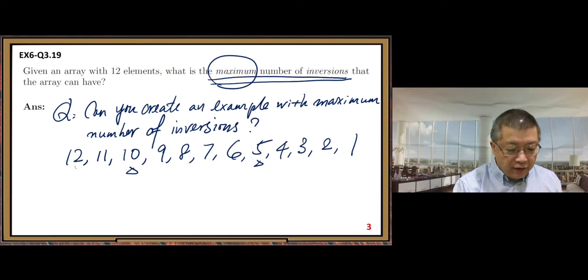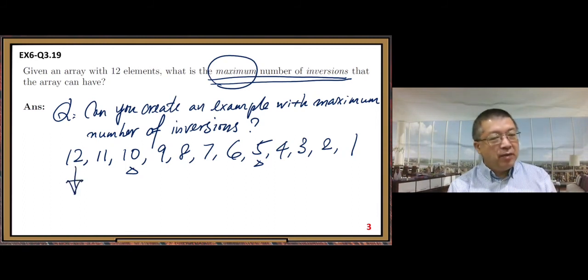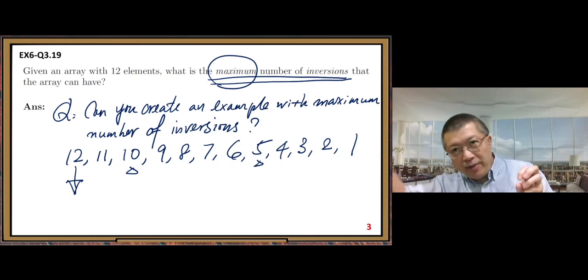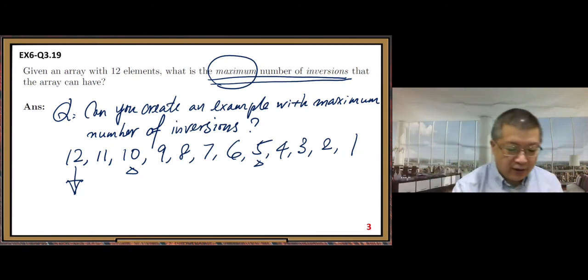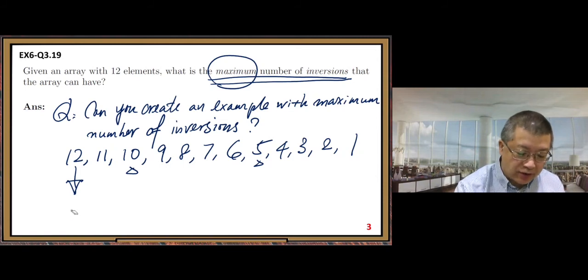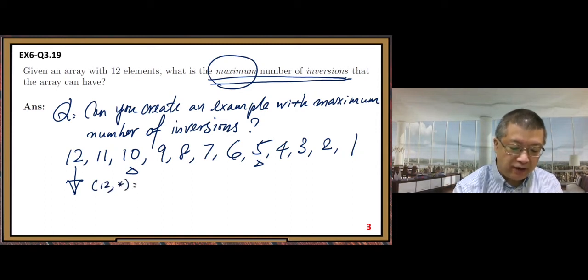You take the first element, then you form a pair with one of the remaining, all right? So 11. Let me write it this way. 12 star, this kind of inversion, there are 11, right?